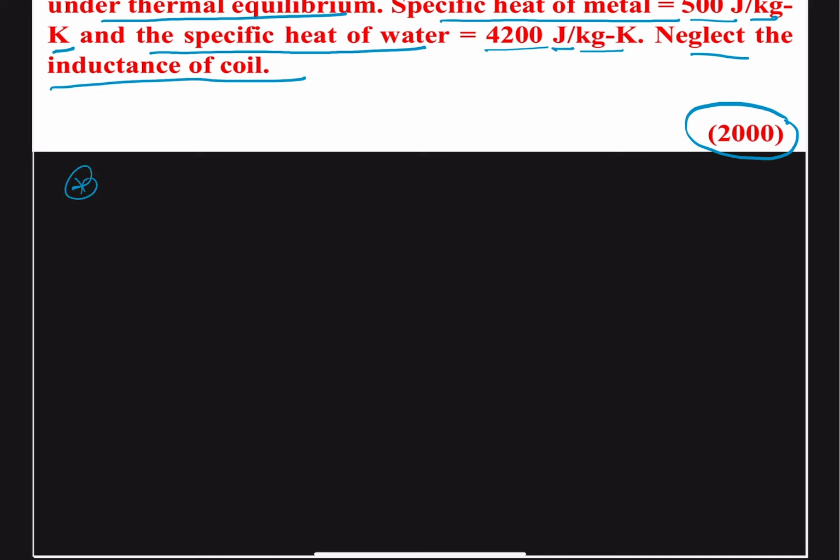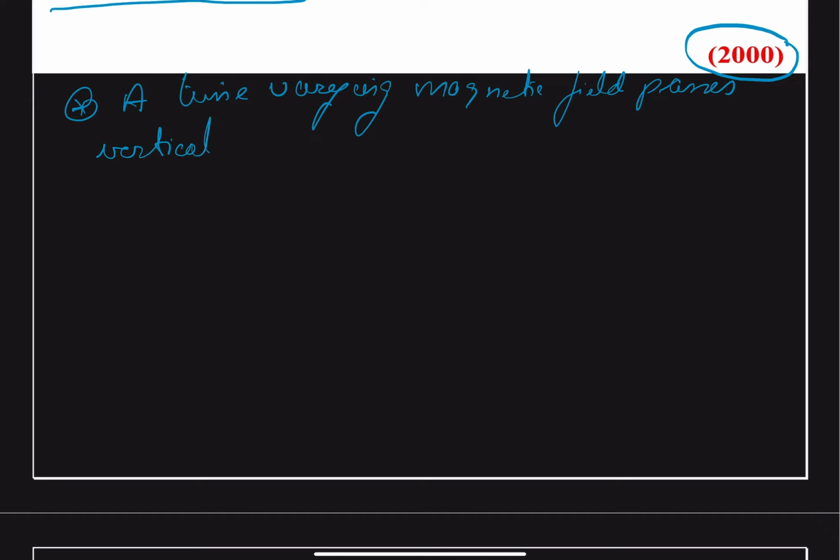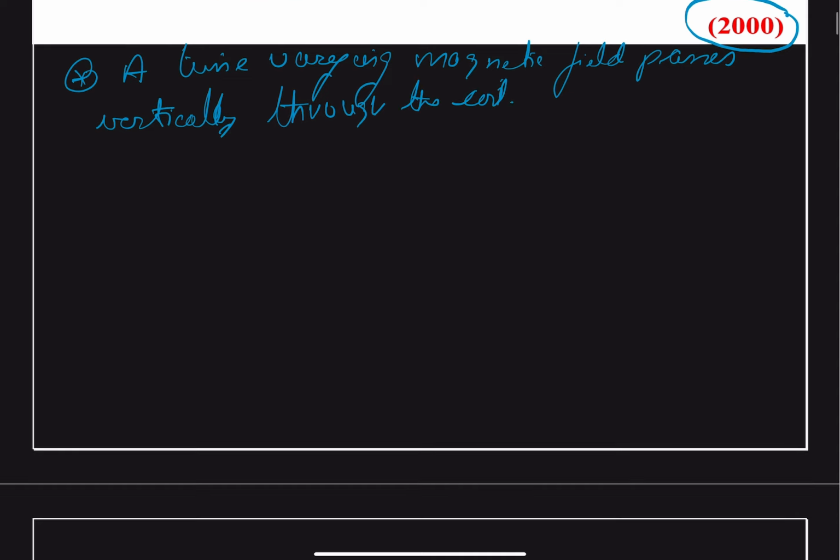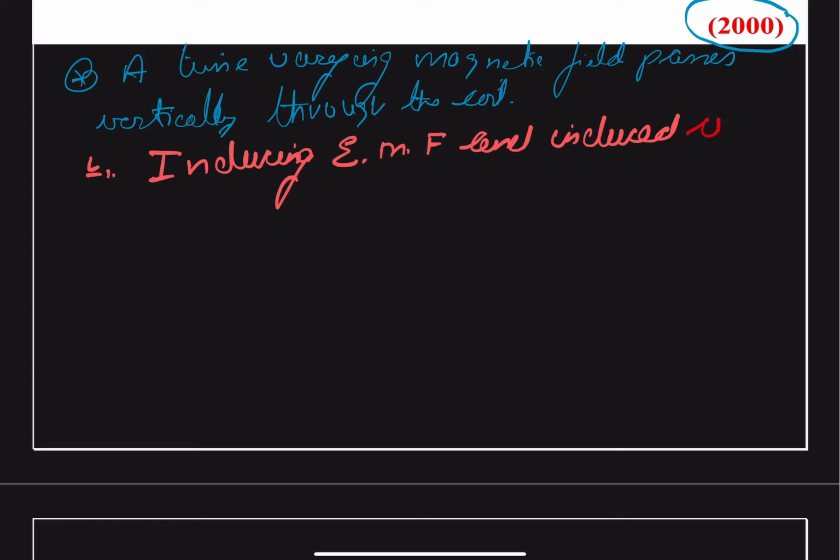We say a time varying magnetic field passes vertically through the coil, and because of that, inducing EMF and hence induced current in the coil.